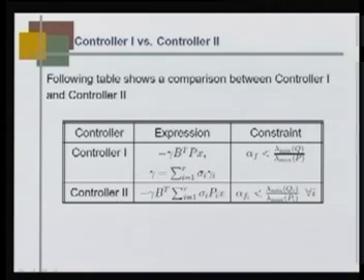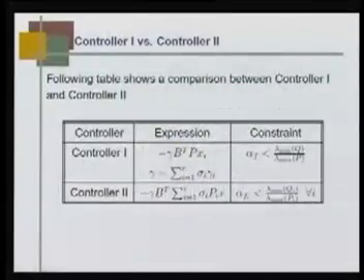Similarly, in controller 2, gamma is a constant quantity, but here sigma i Pi makes this again a variable quantity. So, the design principles of controller 1 and controller 2 are different, whereas the same principle of robust control has been used to design both.